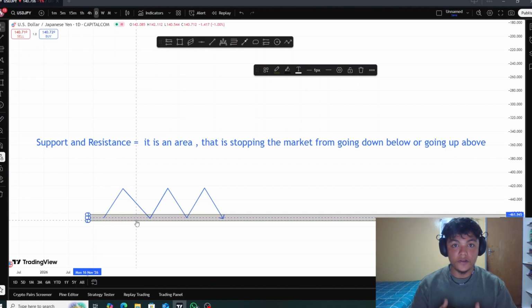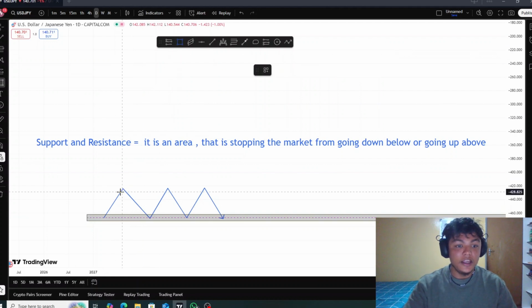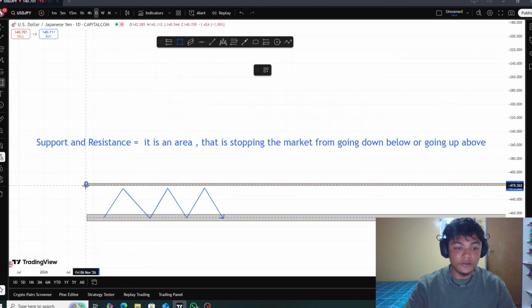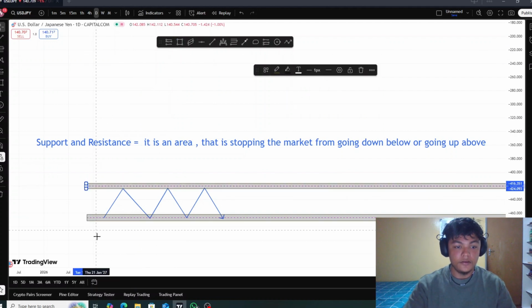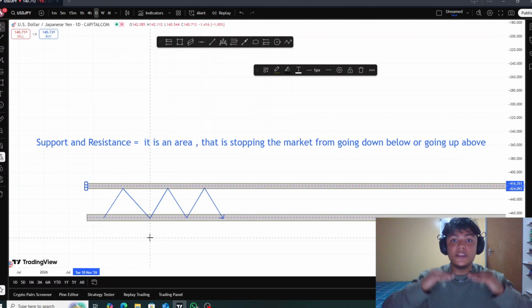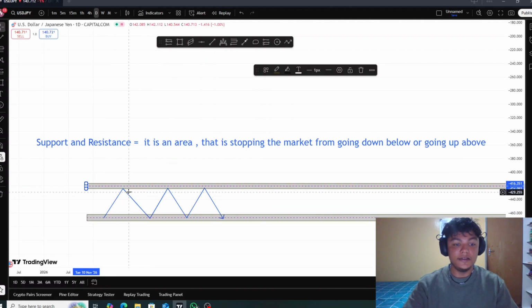Support is always going to be the one at the bottom, and resistance is always going to be the one at the top. This is the resistance, this is support.